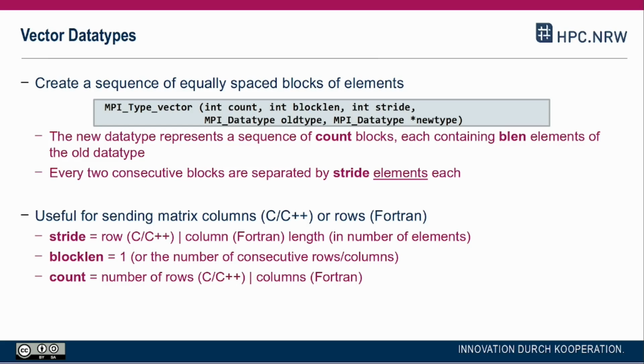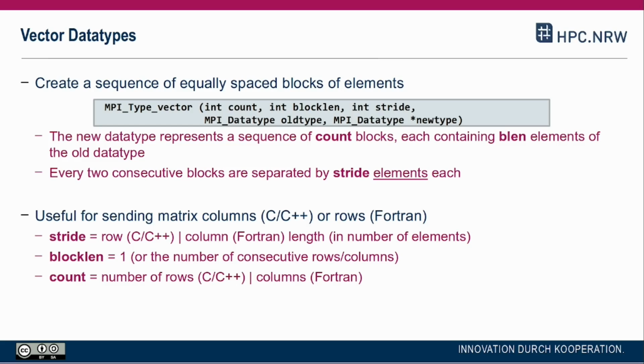So for example, if you want to send 2 columns of a matrix at once, define that in one type, and not just have a single column type and then use that twice, then your block length can include 2 elements of this old type, and you can have a stride. And the stride is basically what you need to skip to get to the next element. Yeah, and it's from the beginning of the block length, not the actual gap. Yeah, it's like, what is the stride between the beginnings of the blocks?